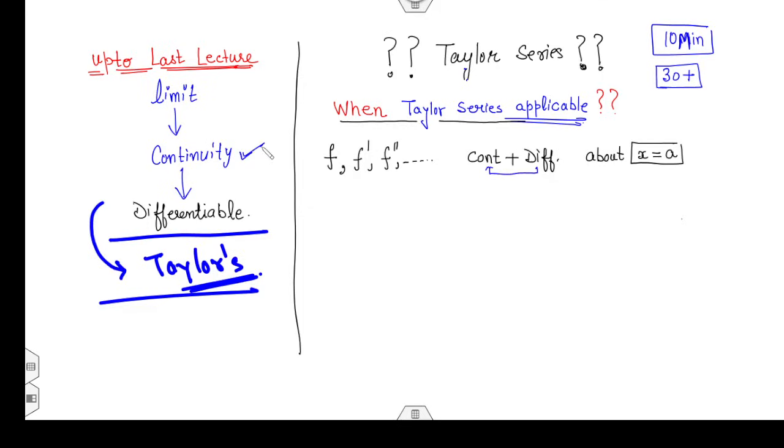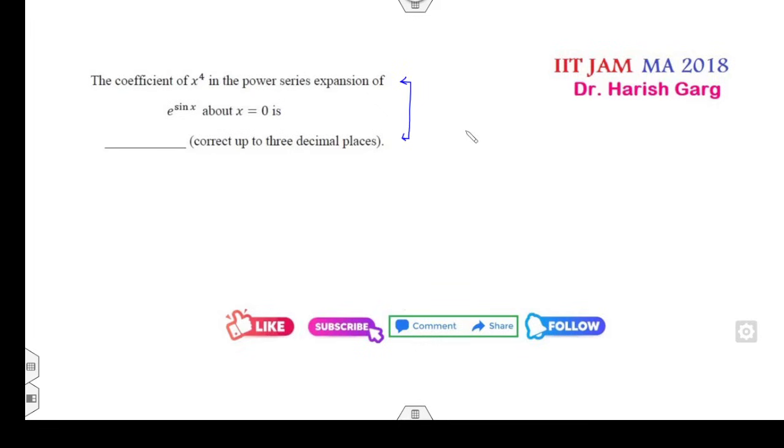You can check my two previous shortcut tricks videos. If you prove that the function and its derivatives are continuous and differentiable, yes, the Taylor series will be applicable. For example, you can see whether e raised to power sin x is continuous and differentiable at x equal to 0. Yes. Why? Because sin x and e raised to power x are both continuous and differentiable at x equal to 0.